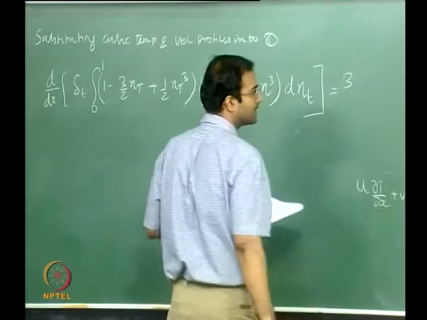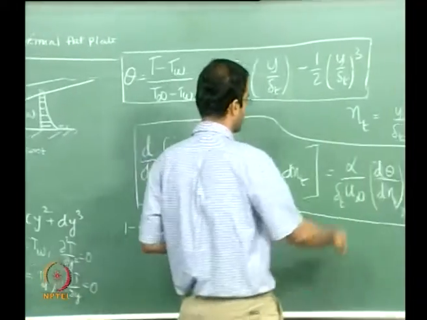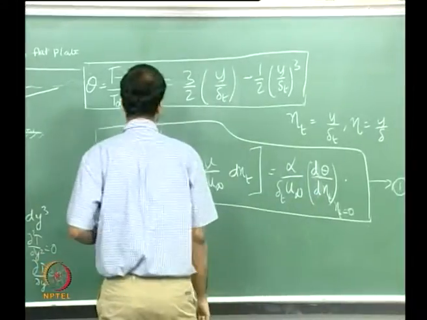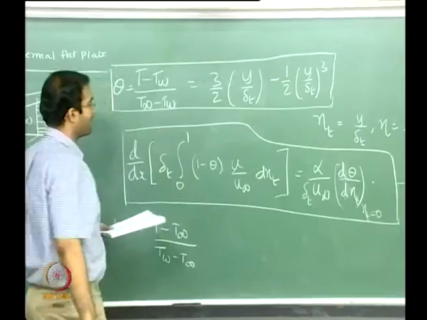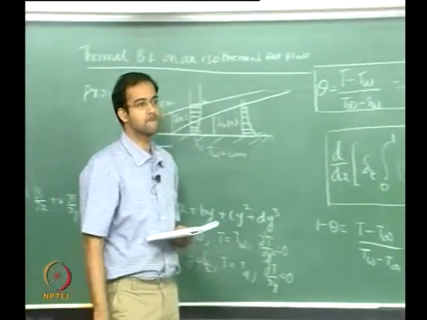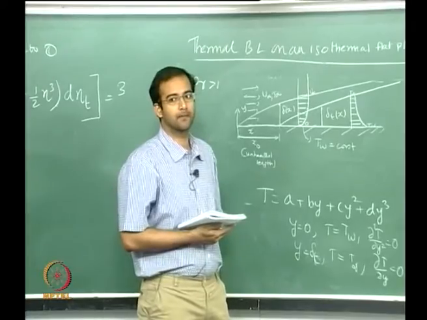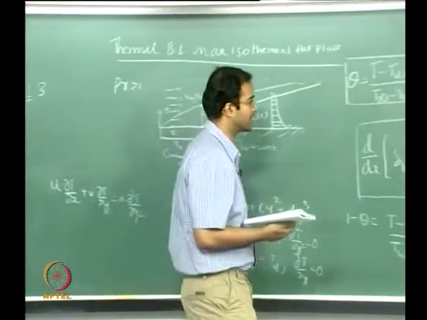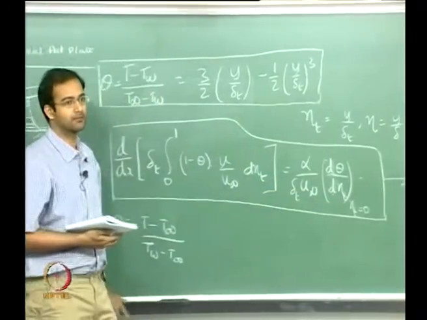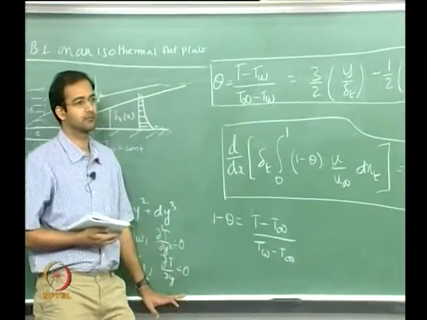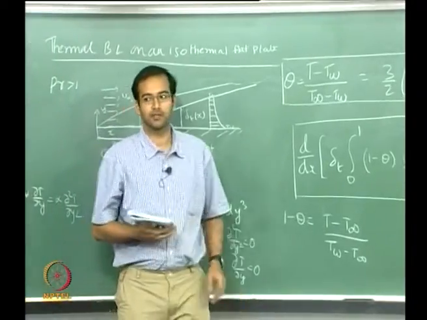On the right hand side, now, what is d theta by d eta t? So this is my theta, d theta by d eta t at eta t equal to 0, 3 by 2, that is it.